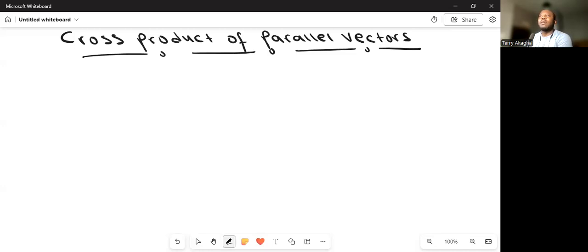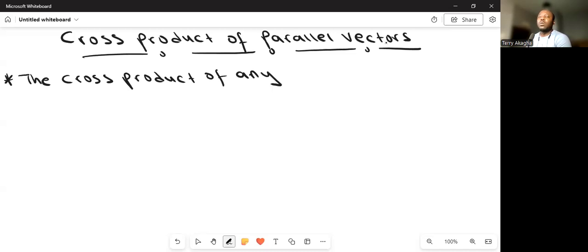So I'm going to write this down. The cross product of any two parallel vectors is a zero vector.